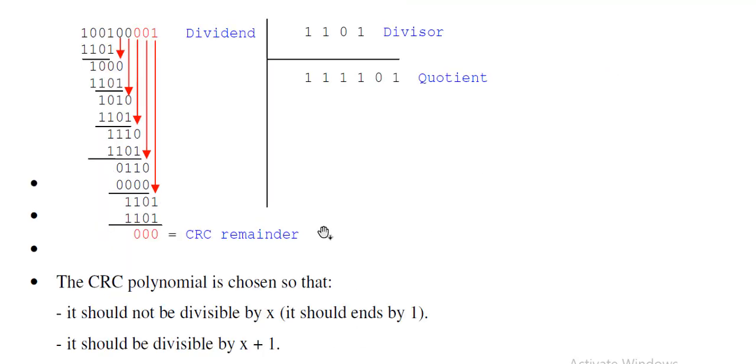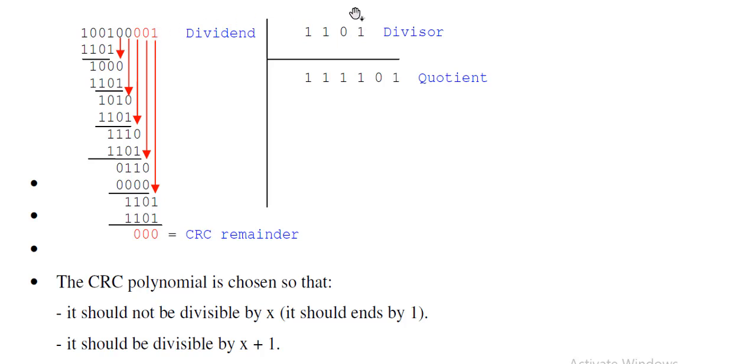At the receiver side, the receiver will receive the sent packet or data frame. Let's say here the received data has not been altered. Now the receiver will do the check. It will take the entire data plus CRC and do the division in the same manner as it has been done by the sender.